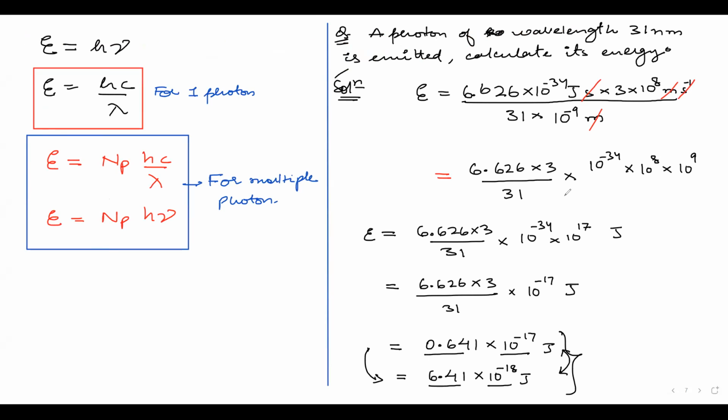Hamza, you tell me. Sir, blue box. Blue box, na? And what will be the value of this NP, number of photons? What will you put in there? Yes, Hamza. The value of 1 mole. What is the value of 1 mole?